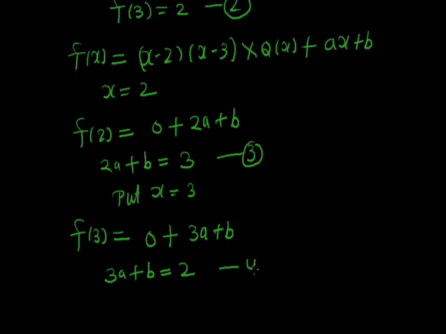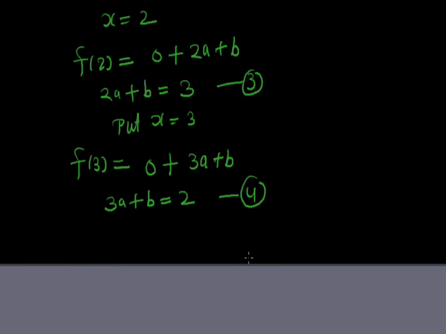This is my equation number 4. Now we have two equations and two variables. The third equation is 2a plus b is equal to 3, and the next equation is 3a plus b is equal to 2.